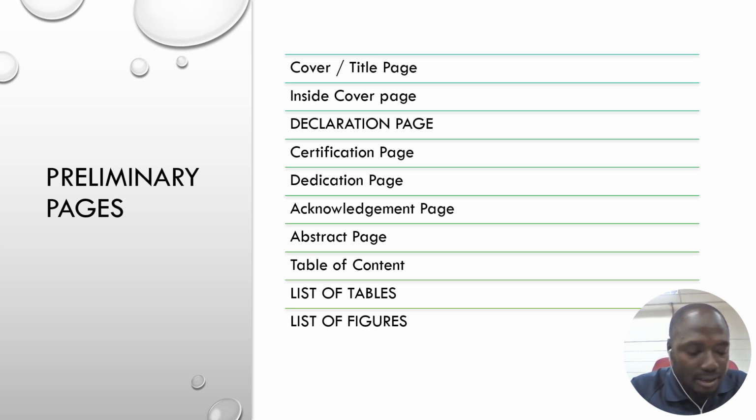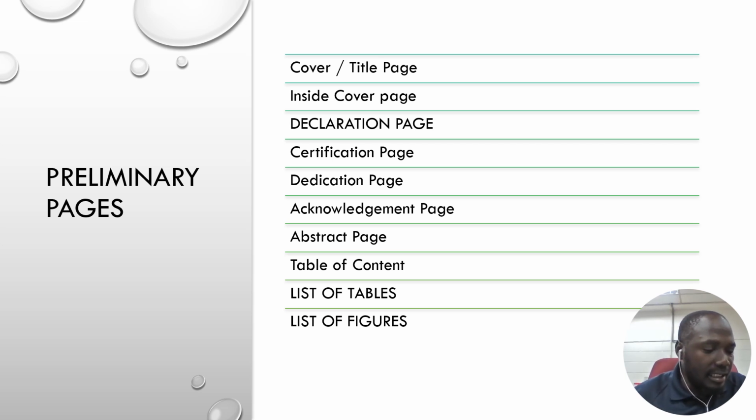So you write the name of the program, you write BSc Nursing, then the name of the center, that is your center, which is Yola Study Center. Then the name of the school. The name of the school is Department of Nursing Sciences, Faculty of Health Sciences, National Open University of Nigeria.